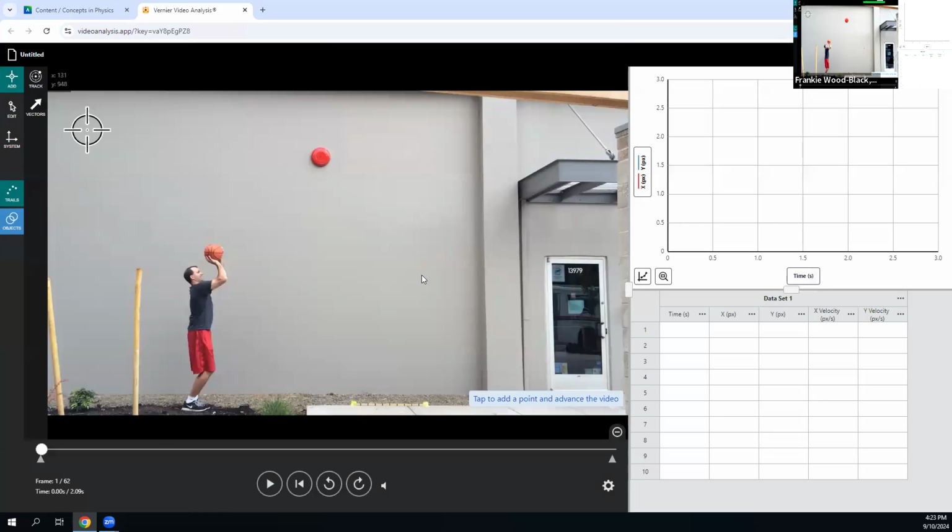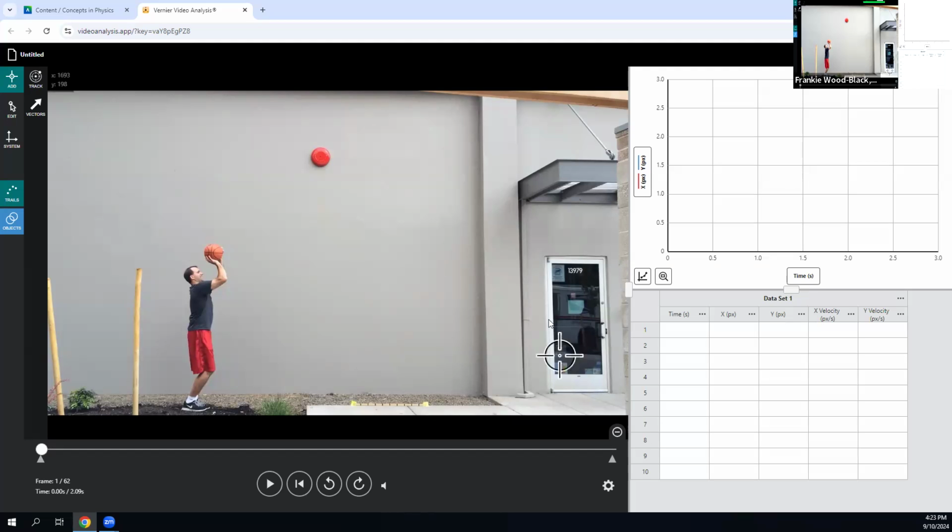So I got my lovely basketball shot here. Now, to make this realistic, I've got to have a known point of reference in my picture. And I'm going to have to give my video some information so that it can make this data more realistic.